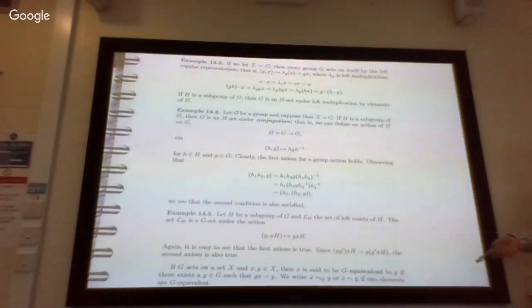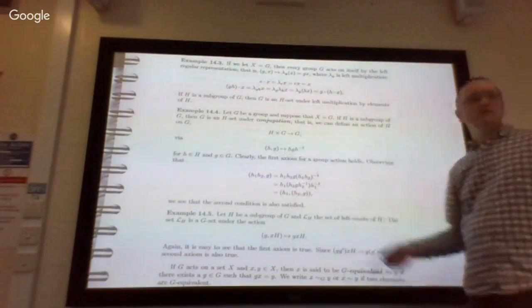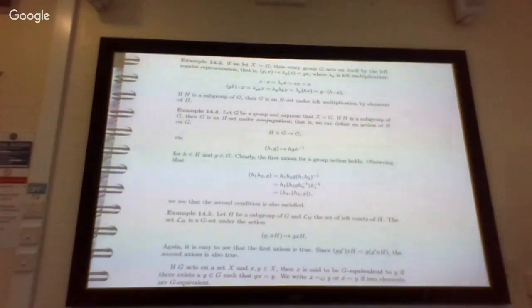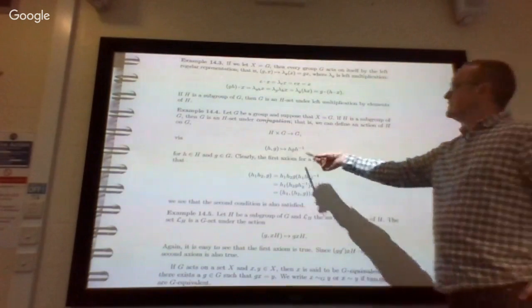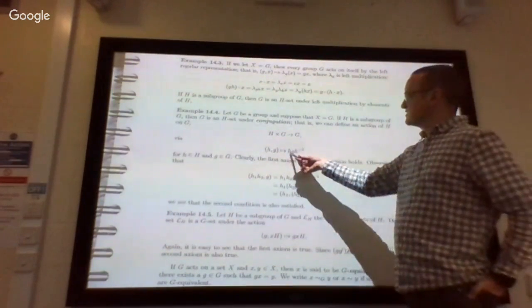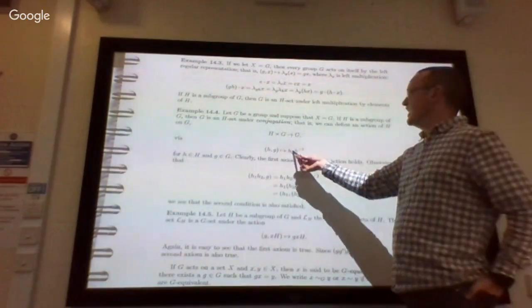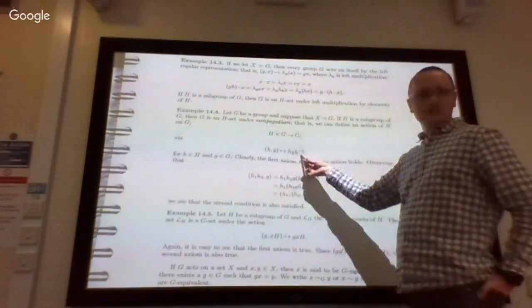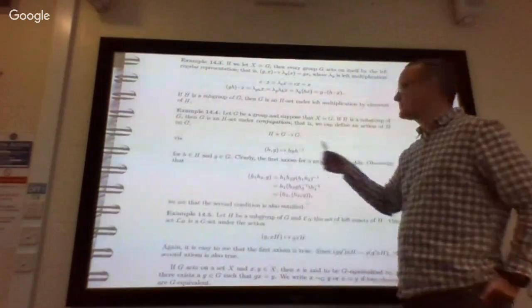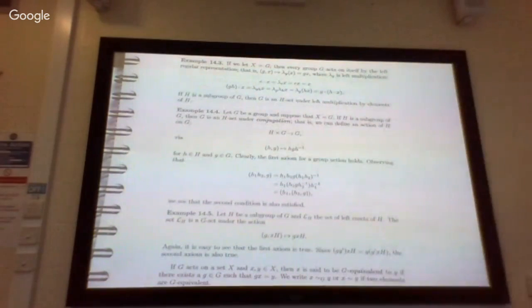Conjugating a group element by another group element is to do this construction written down here as hgh inverse. To do something, which is h, to do something else, which is g, and then to do the inverse of the first thing you did, which is h. It's kind of a natural construction.